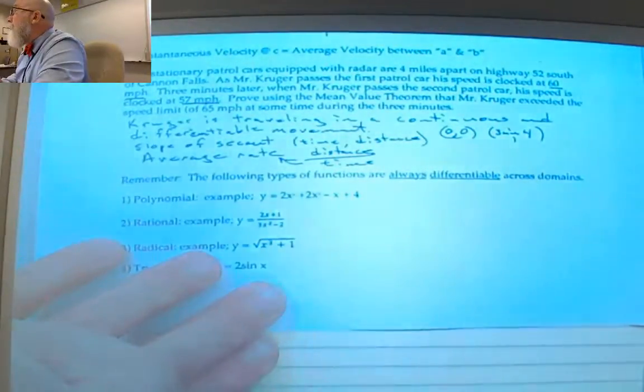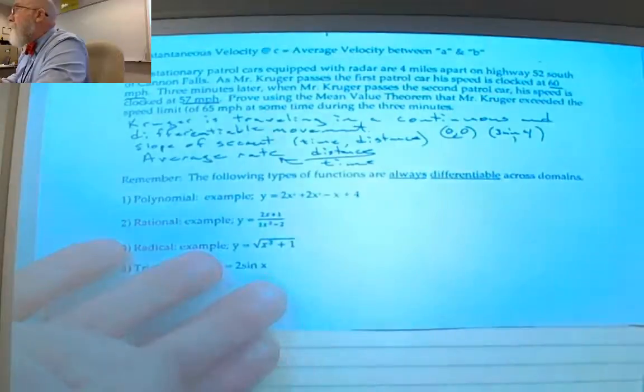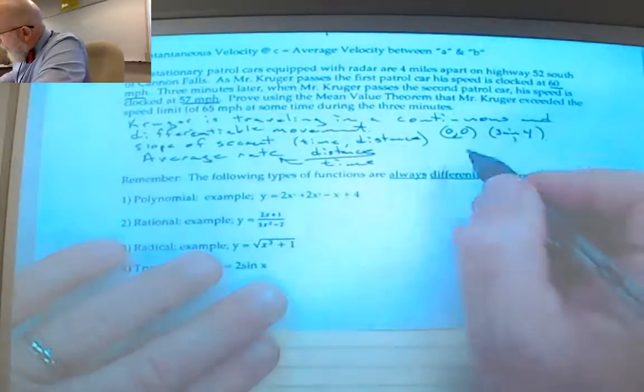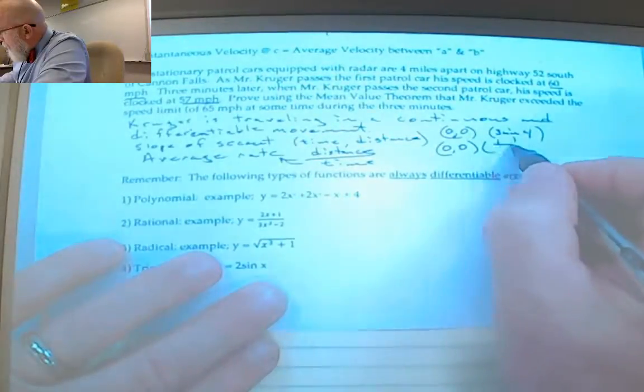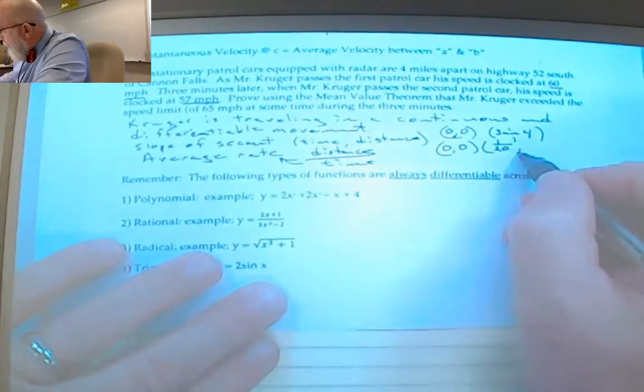I have to put minutes into hours. There are 60 minutes in an hour, correct? There are 30 minutes in a half hour. There are 15 minutes in a quarter of an hour. 3 minutes is how much of an hour? 1/20th. So I could say 0, 0, 1 over 20, comma 4.